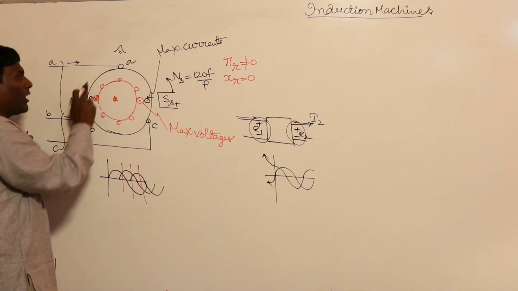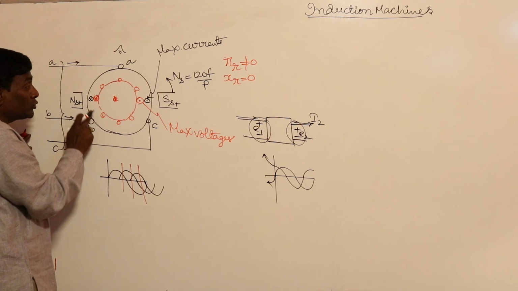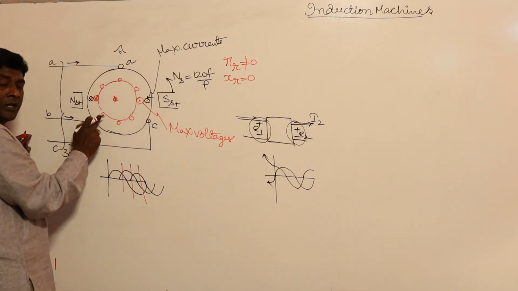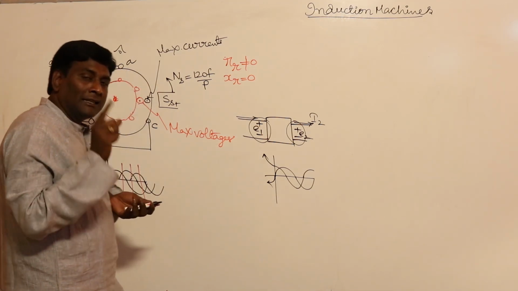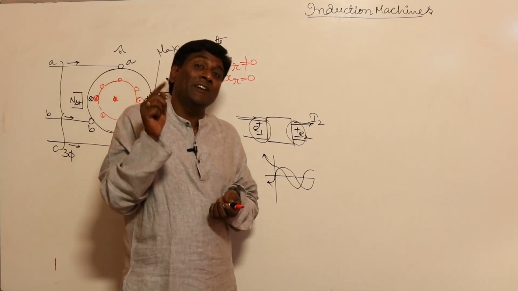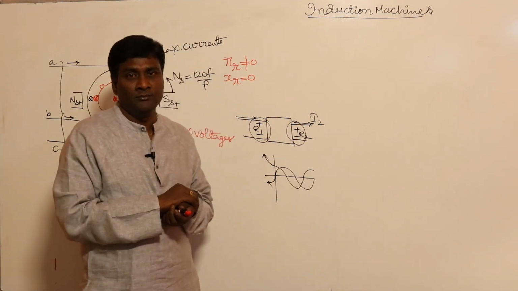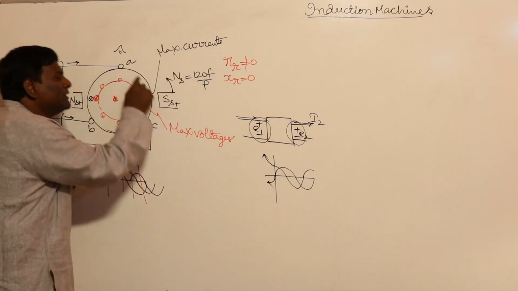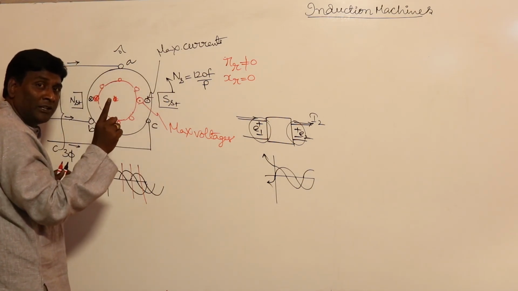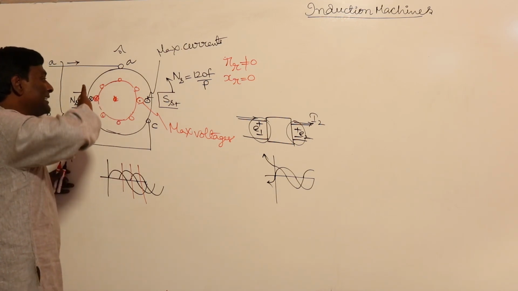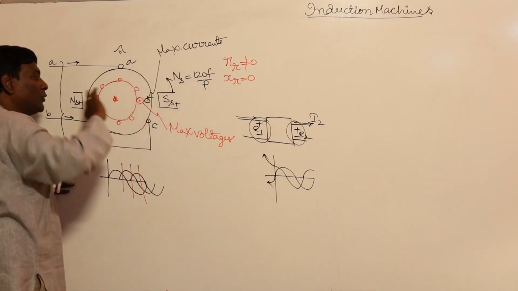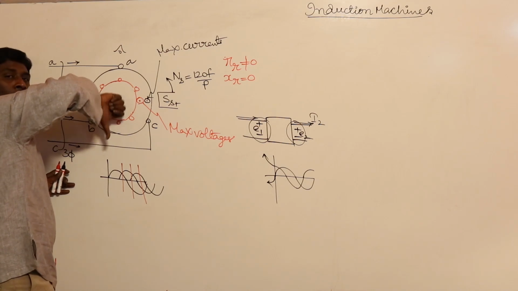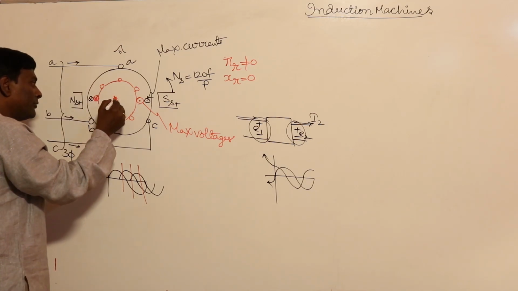Now because of all the time displaced currents flowing through all the space displaced windings, one resultant MMF will come. That resultant MMF should be aligned with the phase axis in which maximum currents flow. Where are maximum currents flowing? Here only. Cross here, dot here. So my rotor MMF is this.